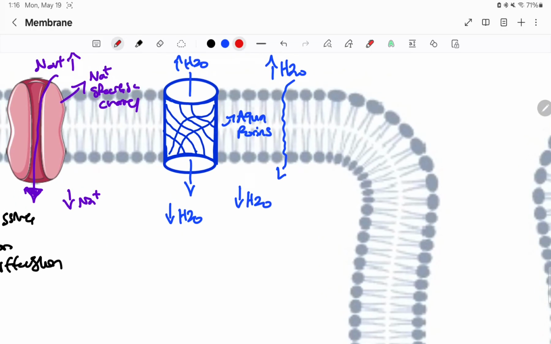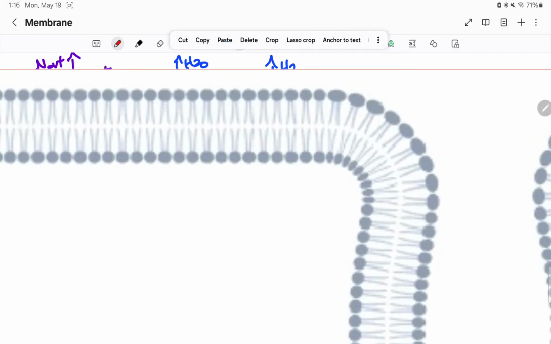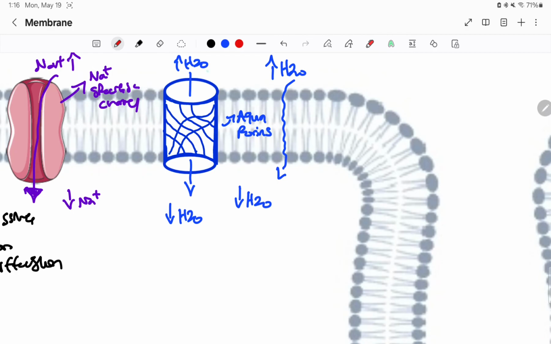Water has this special property where it likes to move from an area of low non-penetrating solute concentration to an area of high non-penetrating solute concentration. So watch this. One, two, three, four non-penetrating solutes here.